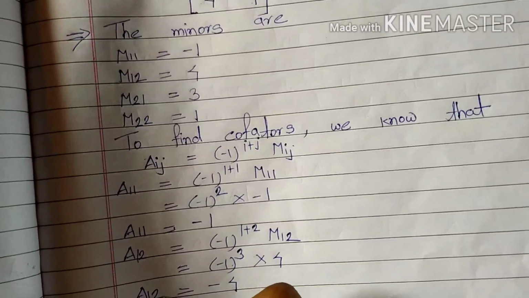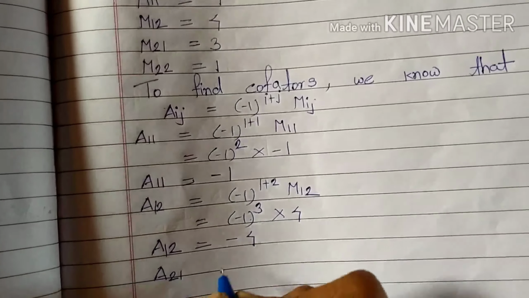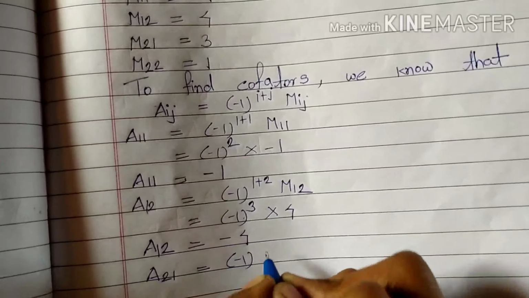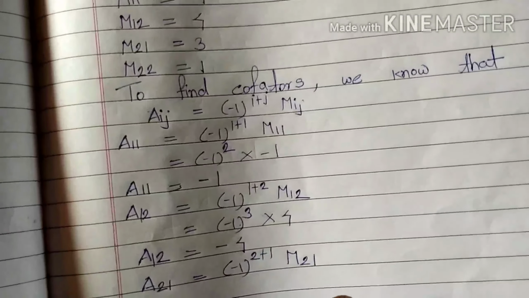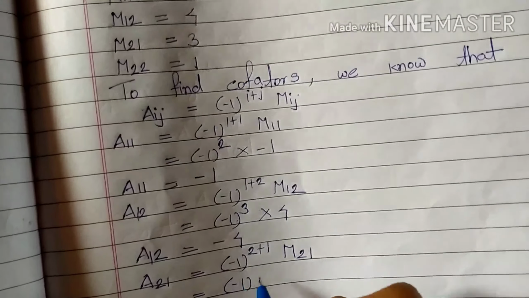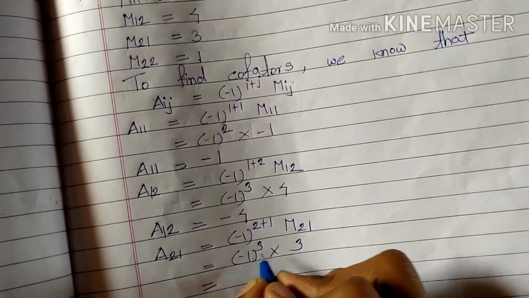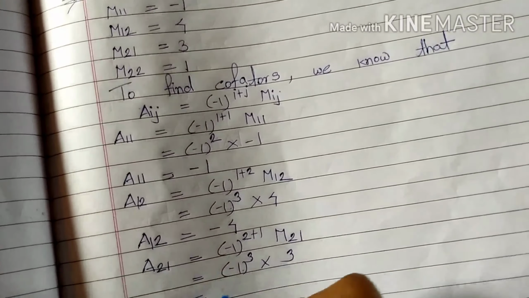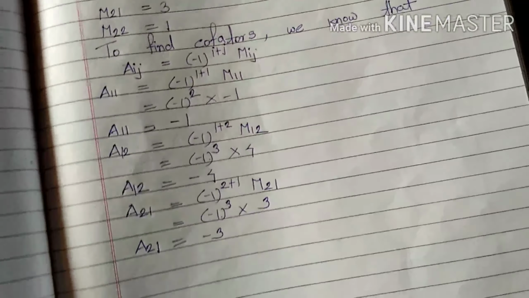So our next cofactor is minus 4. Next, same, minus 1 cube is minus 1, minus 1 into 3 is minus 3. So our answer is minus 3.